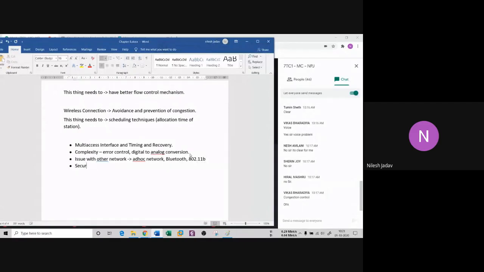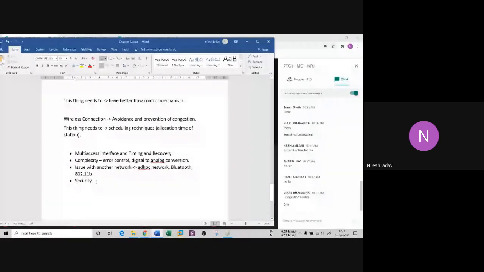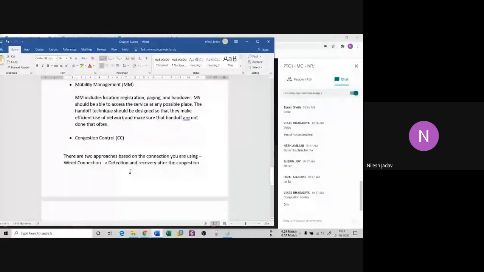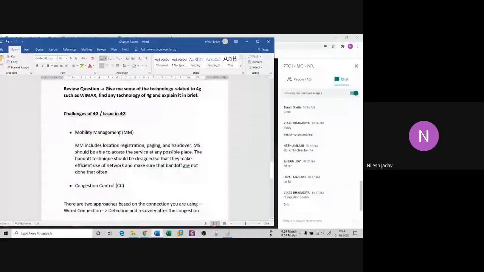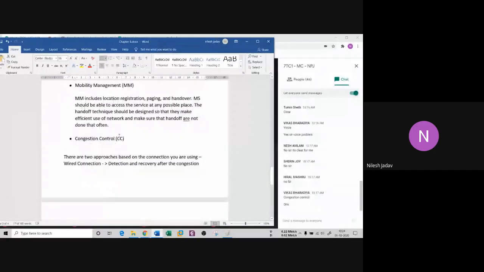Then third, as we are dealing with wireless communication, security is always going to be a problem for us. So these are some of the challenges, the normal lower end challenges, and these are the higher end challenges. So are you facing any problem with the challenges of fourth generation?